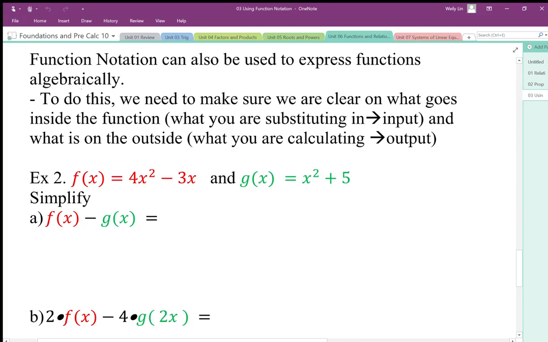And so we have this inside x, and we have this outside g, or the outside f, and that inside and outside represents our input and output, our domain and range.